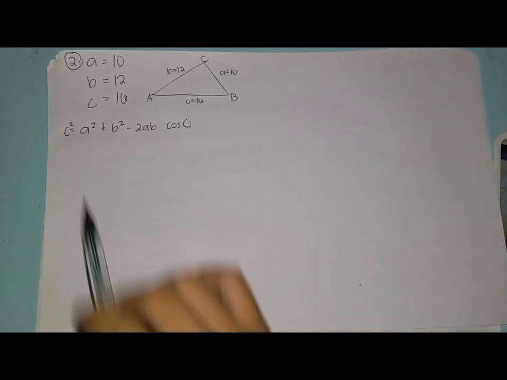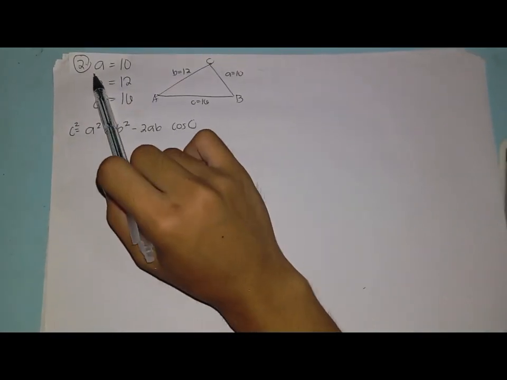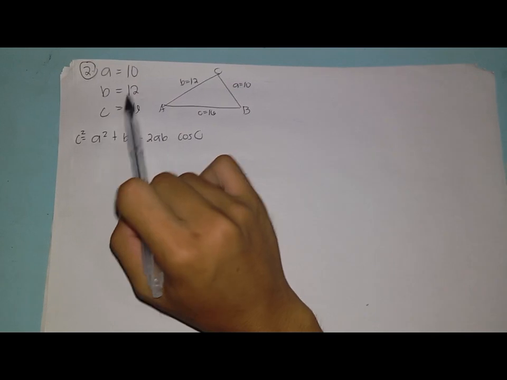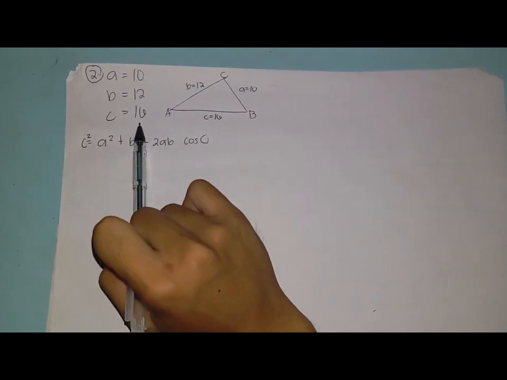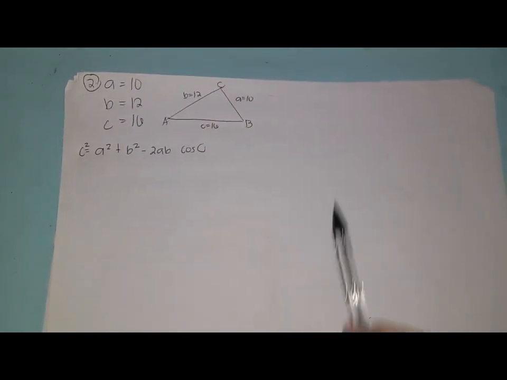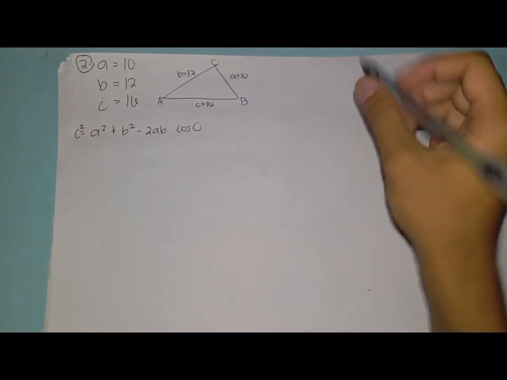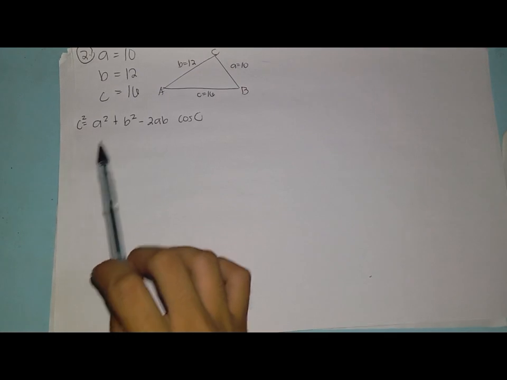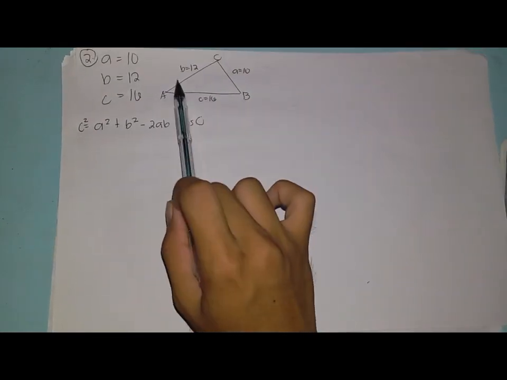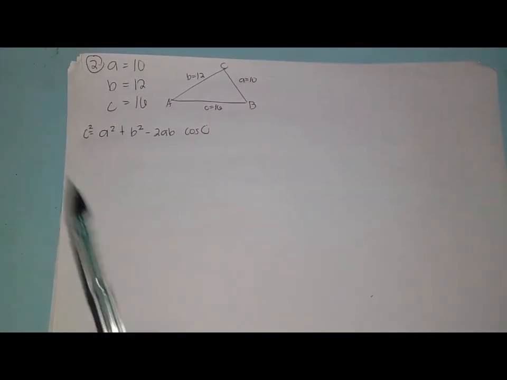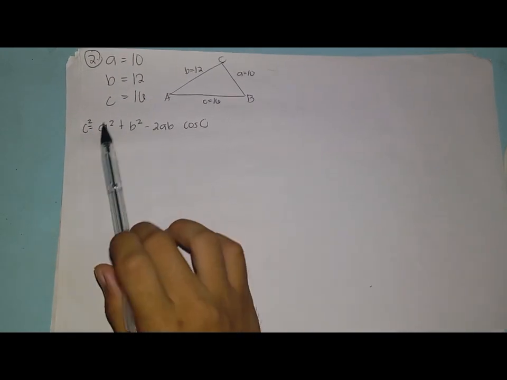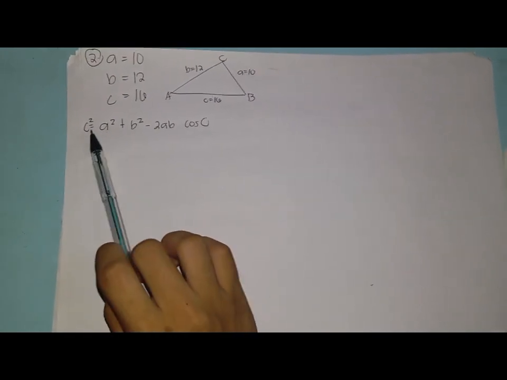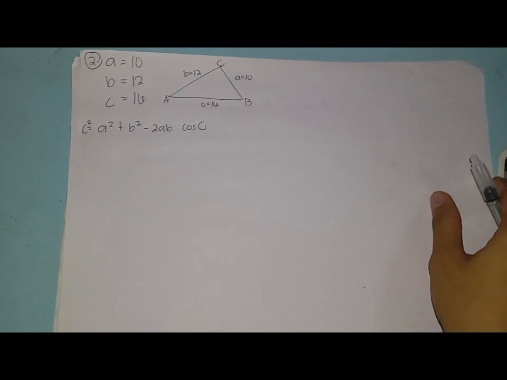So now, let's proceed to number 2. The given here is A is equal to 10, B is equal to 12, and C is equal to 16. So all sides are given. This means that this is an SSS triangle. So we are going to solve or find the three angles using first the law of cosine.